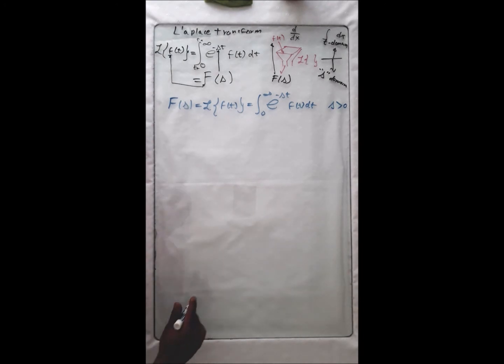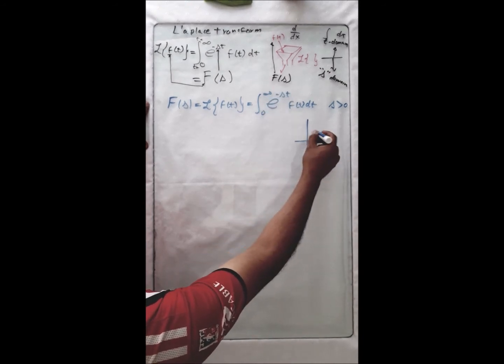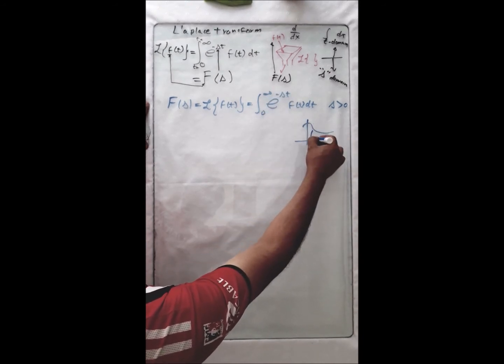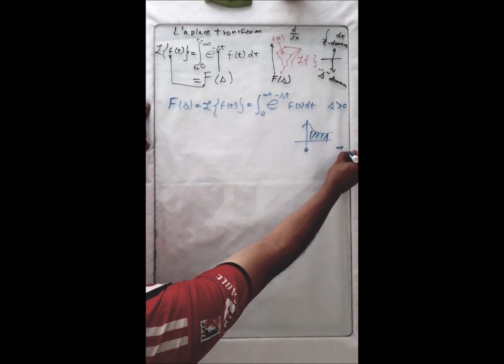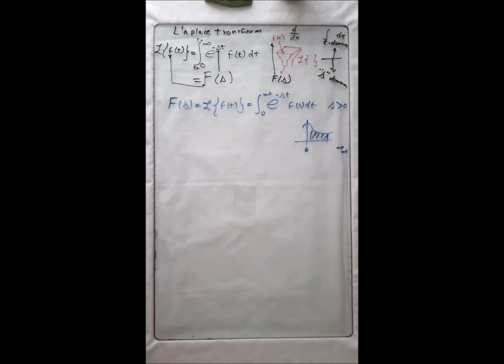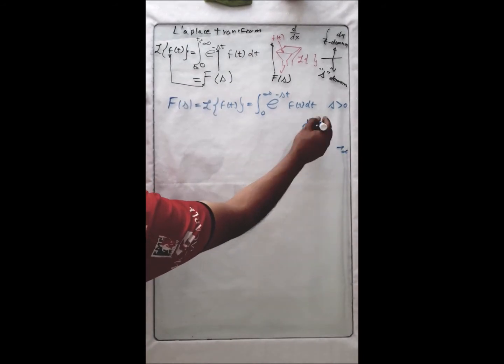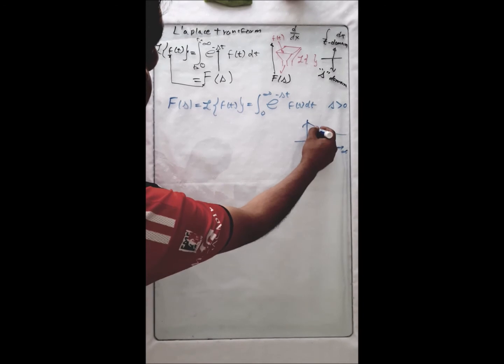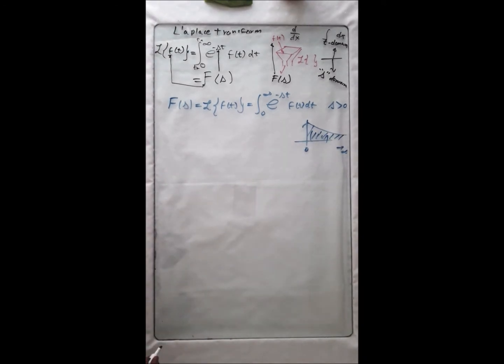Because in the end, engineers, this integral is the area under the curve. This is the area from 0 to infinite. The exponential of minus st is something that is going to go down, so you have a restricted area.